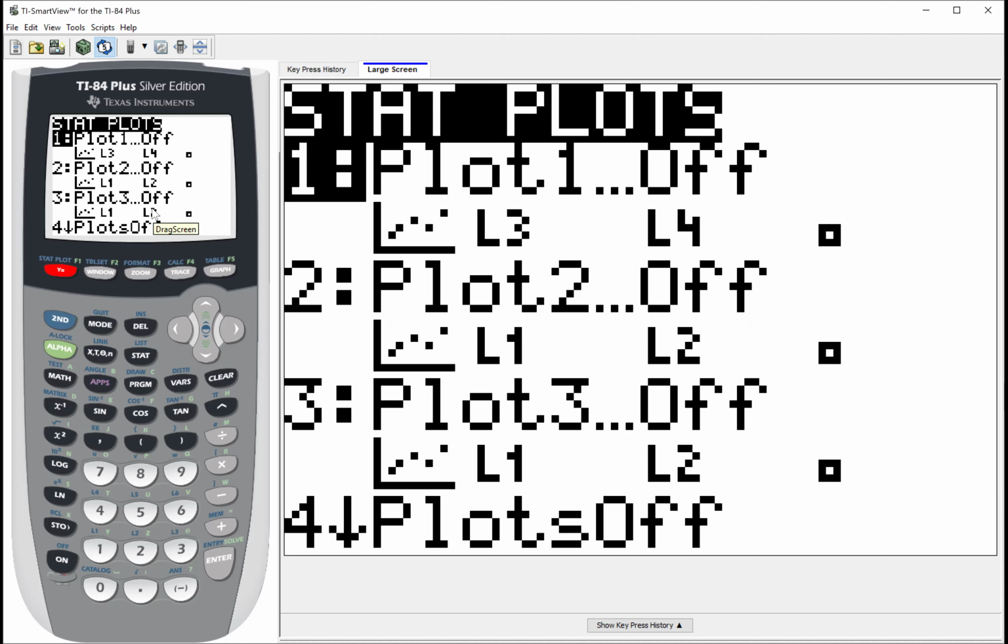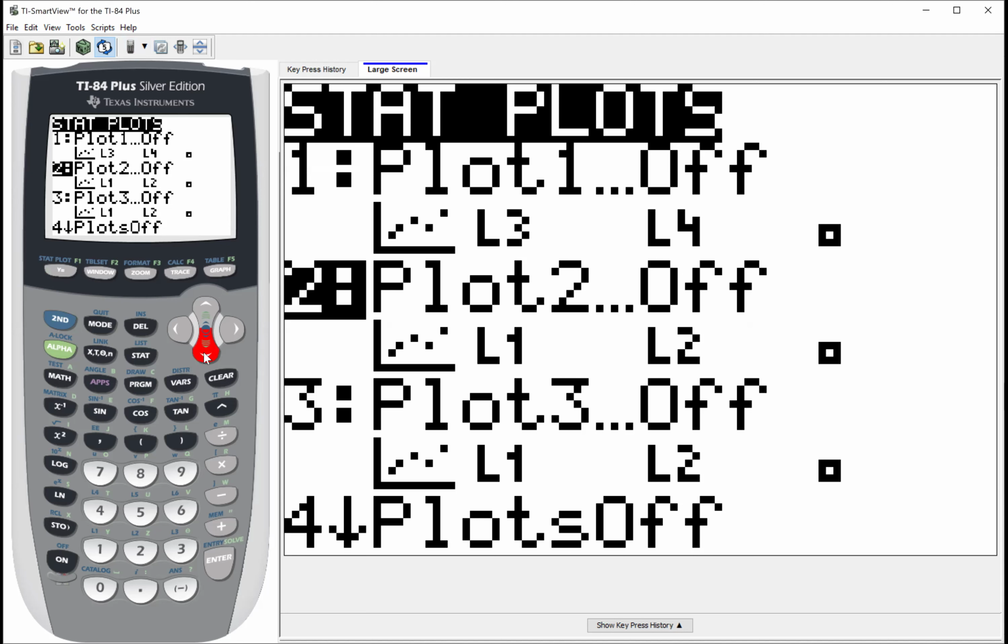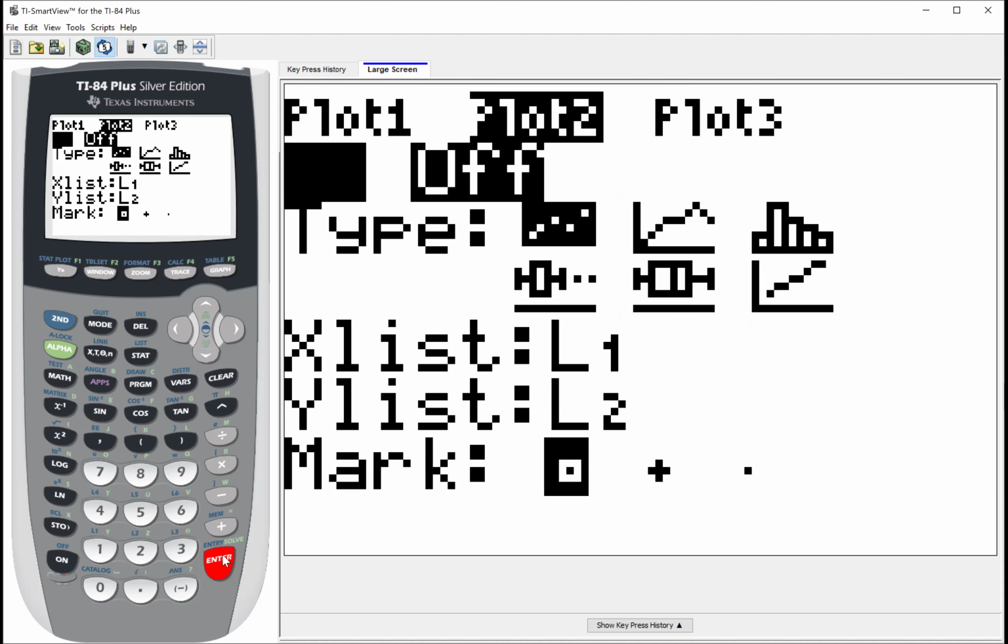We only want to have one on at a time, just the one that we're using. I typically just use plot 1. So make sure plots 2 and 3 are off. If they're not, you can arrow down to the one that says on, press enter, arrow over to off, and hit enter to turn it off.